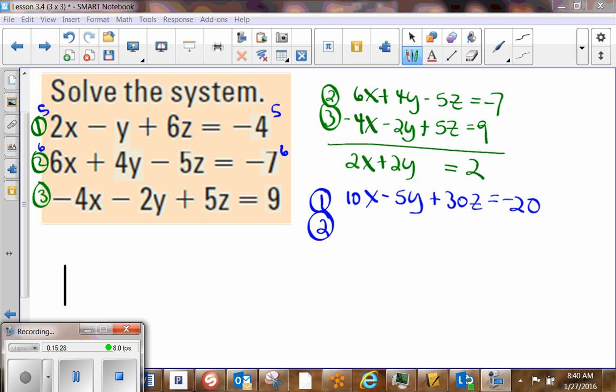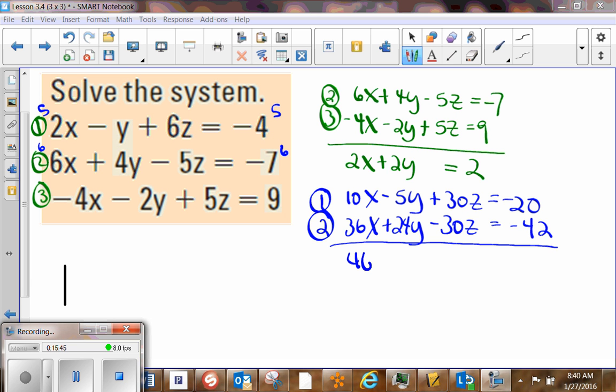For my second equation, I'll have 36x plus 24y minus 30z equals negative 42. So that's going to give me 46x, 19y, equals negative 62.